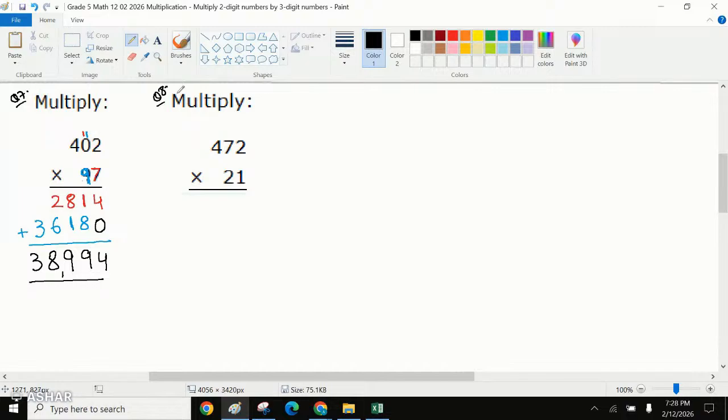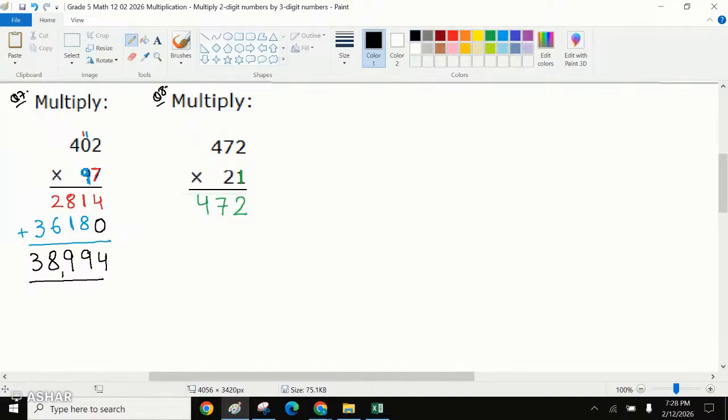So the units digit 1 is to be multiplied by each and every number. 1 multiplied by 2 would be 2. 1 multiplied by 7 is 7. 1 multiplied by 4 is 4.